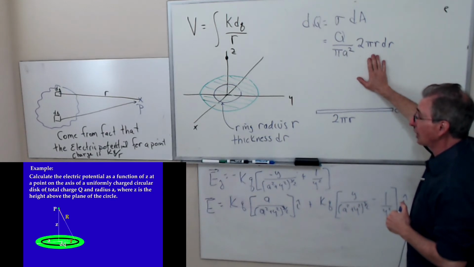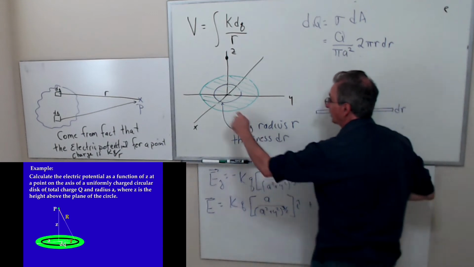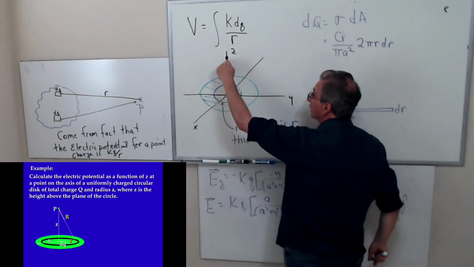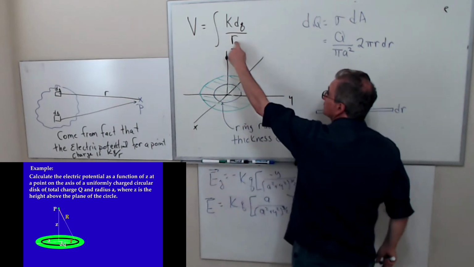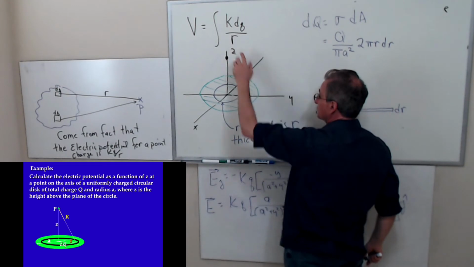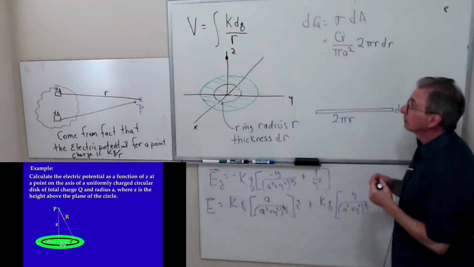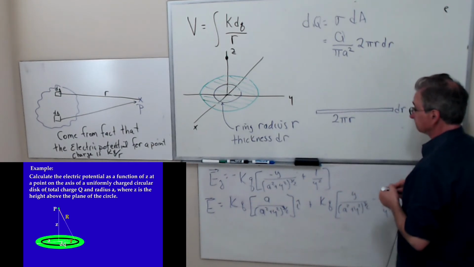And this represents the amount of charge on each one of those rings. Along any of those rings, the potential is the same because the distance from anywhere on the ring to this point P is the same all the way around. And so for that ring, we can write down an expression for dV.